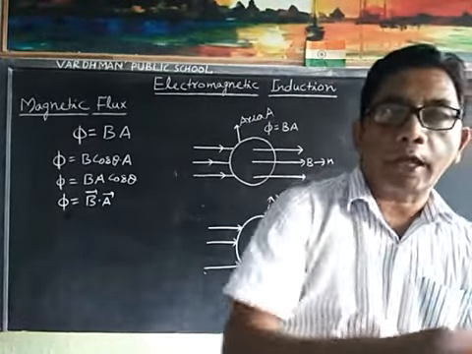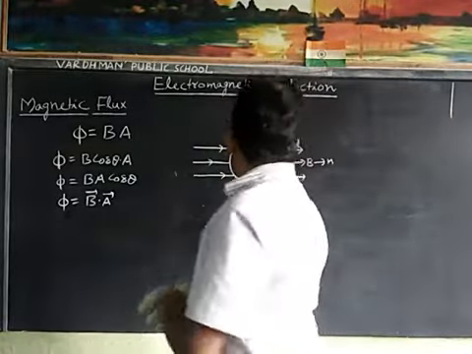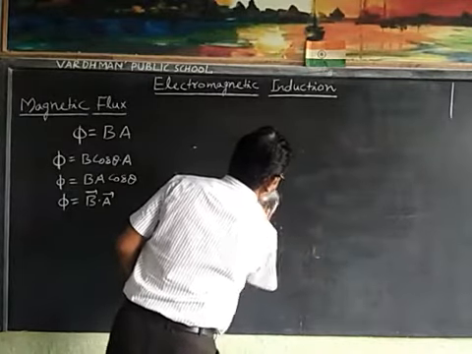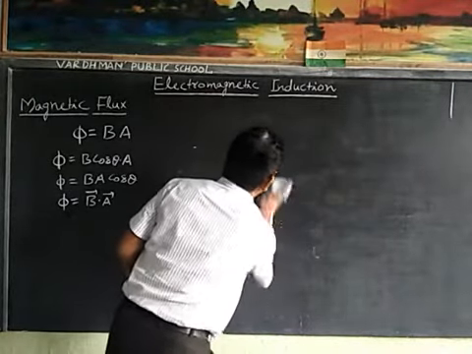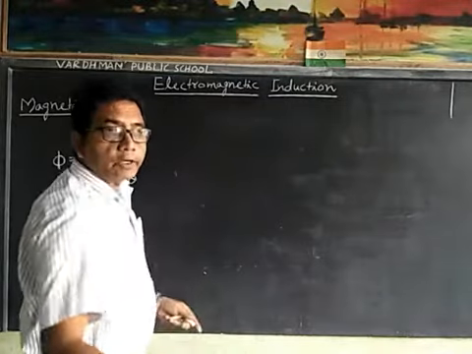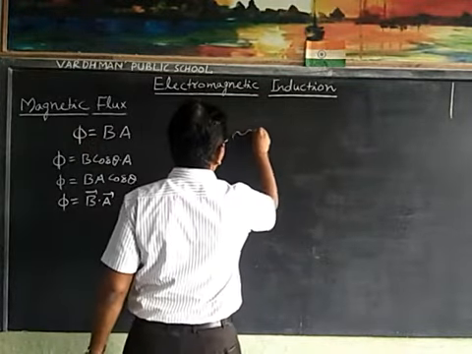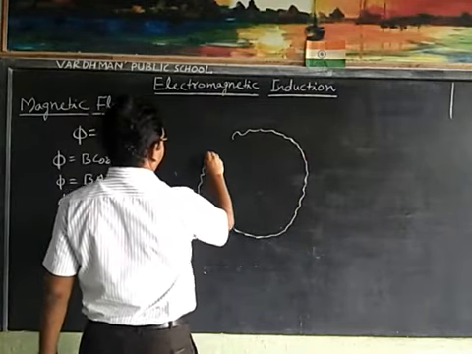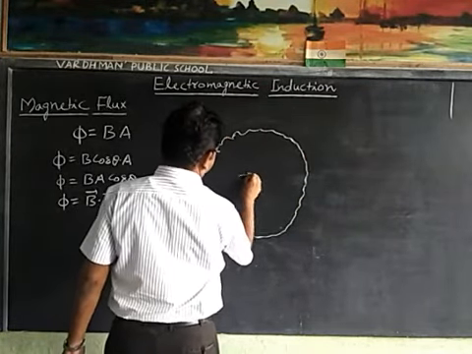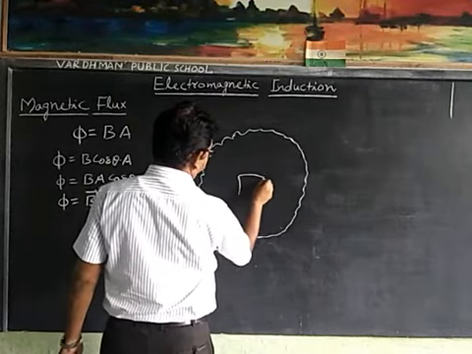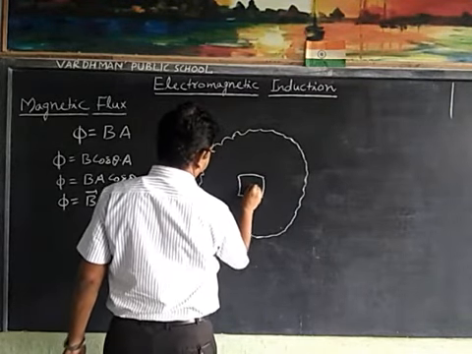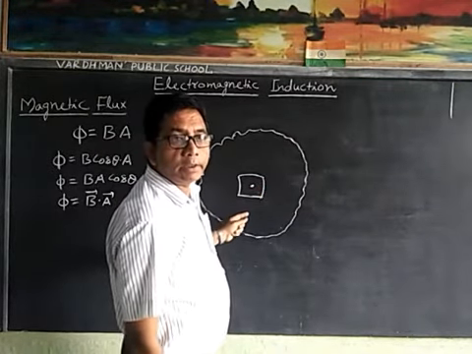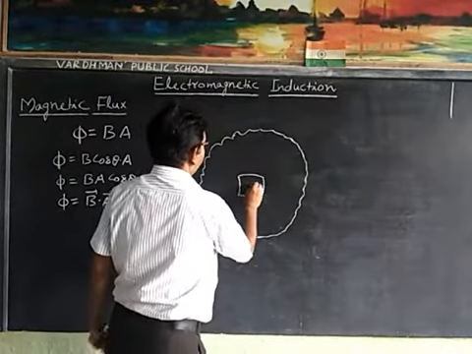First, we draw the diagram for a small area element. Suppose this is a small area element; field B is assumed to be uniform.